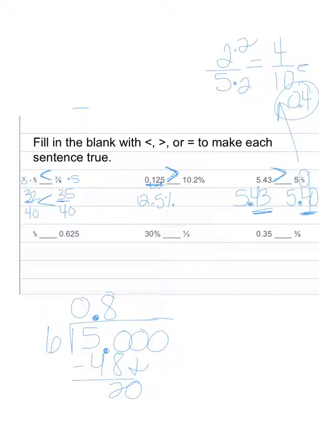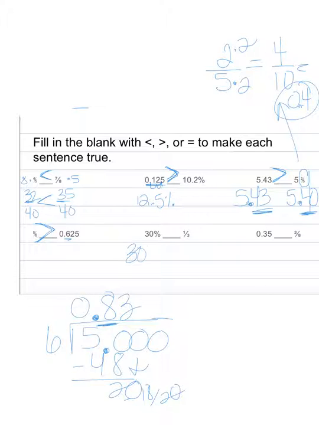Bring down my 0. 6 can go into 20 3 times. 3 times 6 is 18. I'm going to write it over here. And then I have 2 again, bring down a 0, and I can see it's going to be repeating, but I can also right away see that if I have 8 in my tenths and 6 in my tenths, right away I know that 5/6 is greater.